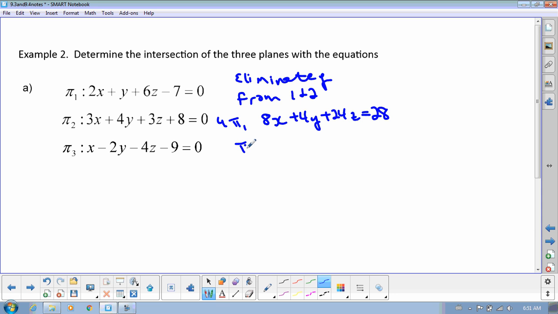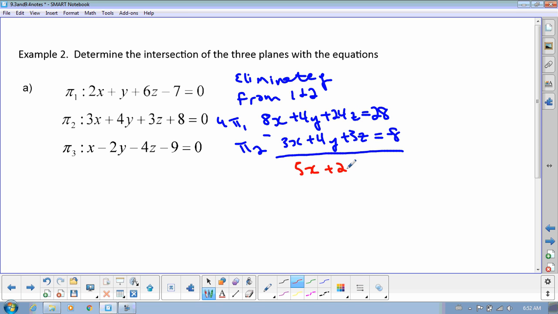Pi 2, I'm just going to rewrite that. So I have 3x plus 4y plus 3z equals negative 8. So I'm going to eliminate the 4y's. So 8x minus 3x is 5x. 24 minus 3, so I have plus 21z equals 28 minus negative 8 will be 36. So I eliminated y from 1 and 2.